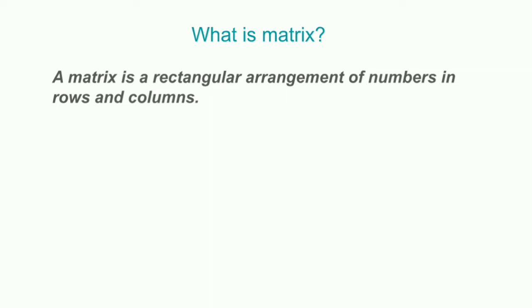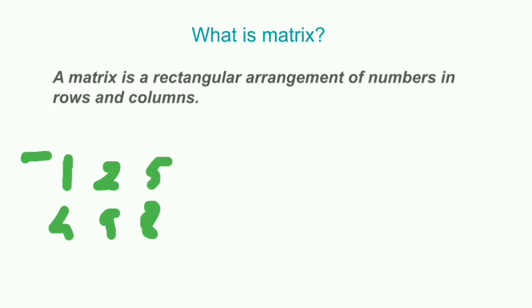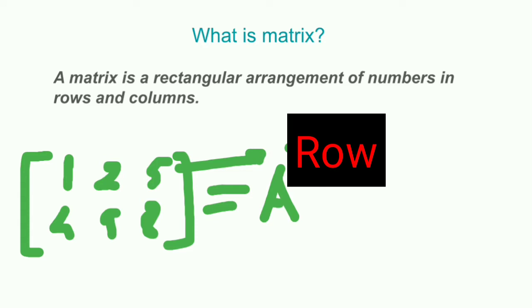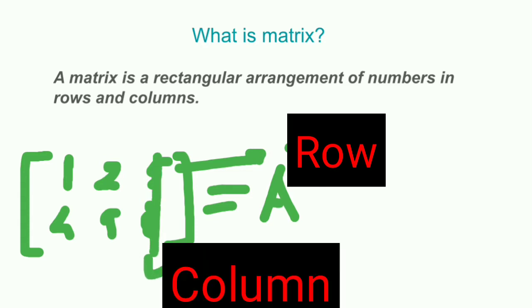For example, if we take some numbers like 1, 2, 5, 4, 9 and 8, and put these numbers within a bracket, then we call it a matrix A, where the horizontal numbers are called rows and the vertical numbers are called columns.